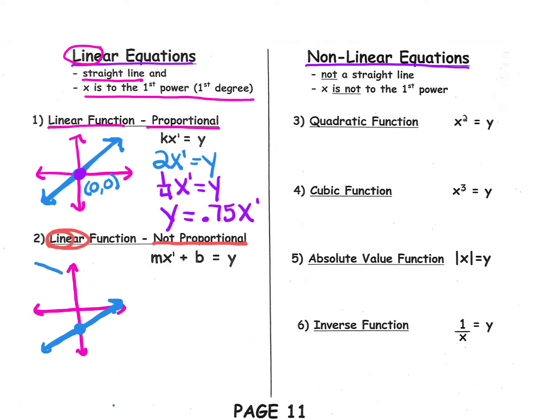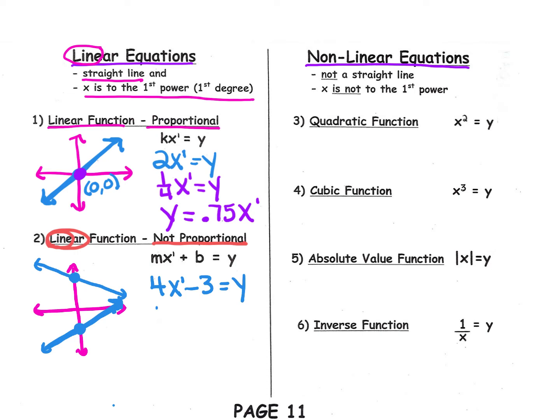Or we may get a negative slope with an intercept of 4. But this is what an equation looks like when we write it for a non-proportional. 4 times x to the first, although we don't always write to the first power, but we know it's there, minus 3 equals y.